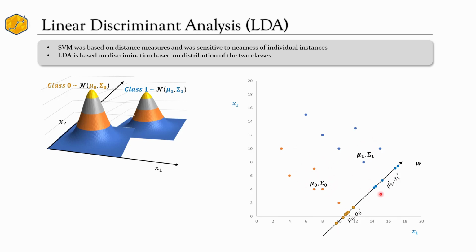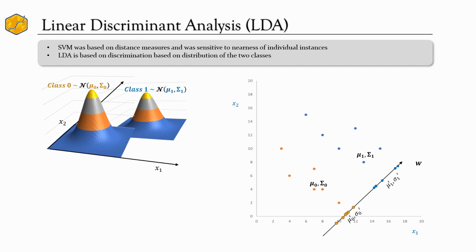Along W, I have projected everything along W. Now the whole thing has become univariate. Class 0 has become univariate, class 1 also has become univariate along W. On these projected data points, I can calculate the projections of the mean, and also I can calculate the standard deviation or variance of these projections.